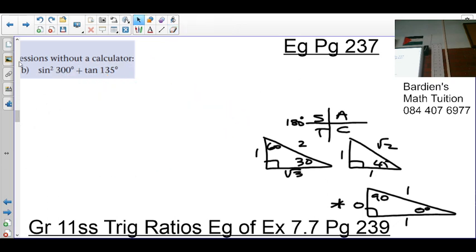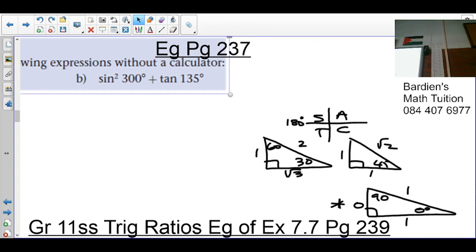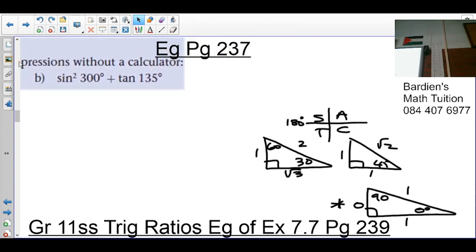Okay. Right. Let's look at B of example 2 on page 237. People, sine of 300. Which quadrant is that in? The fourth quadrant. Okay.